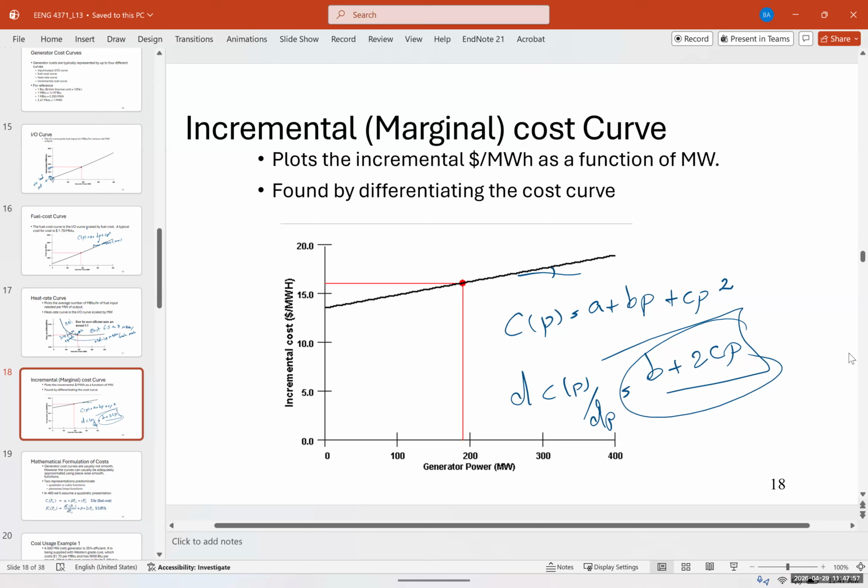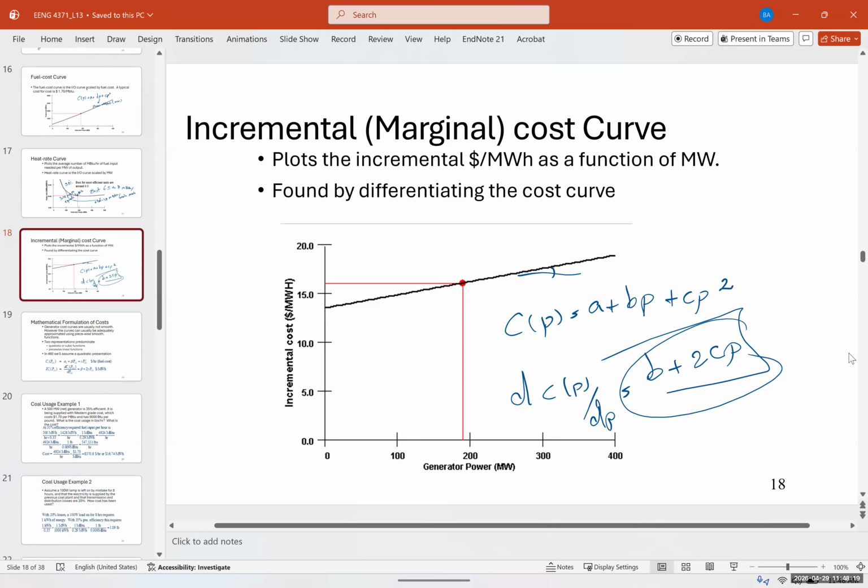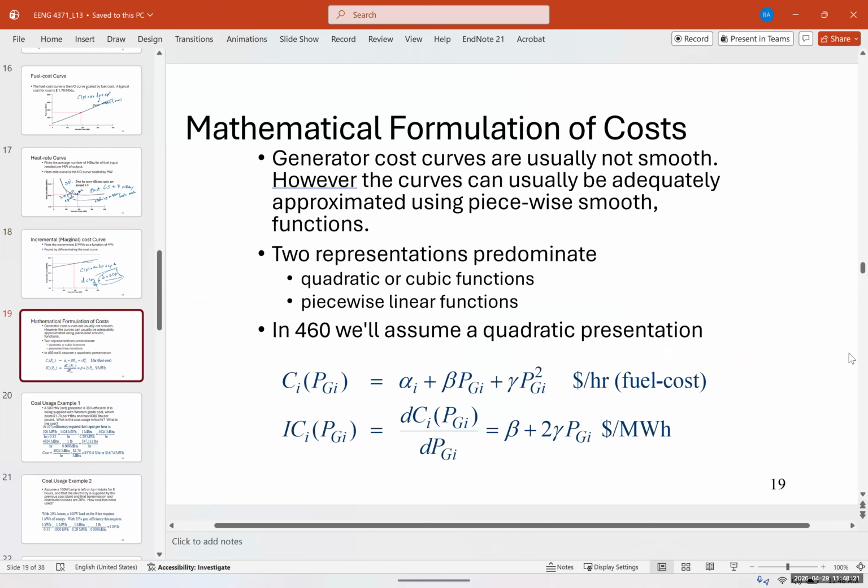For economic dispatch, the key principle, which we will derive formally in a few slides, I think it's slide number 20, is that the optimal dispatch occurs when all generators have the same incremental cost.